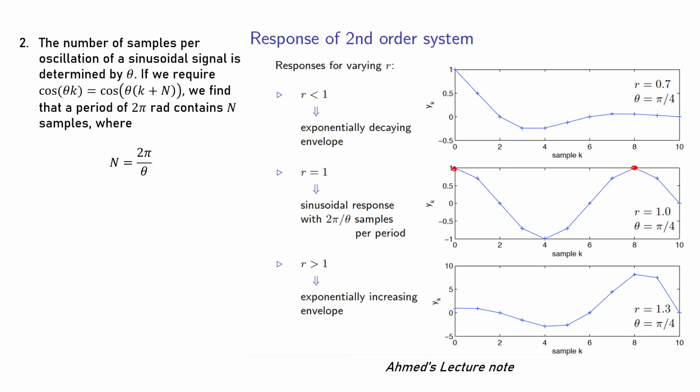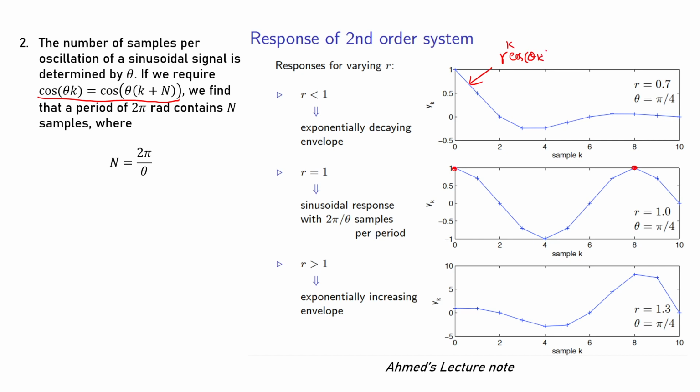Because the oscillation comes from a trigonometric function, for example the cosine function, in order to find the number of samples, we use this condition. Let's look at this one again. Let me draw. For this curve we have r to the k and then cosine of k theta.